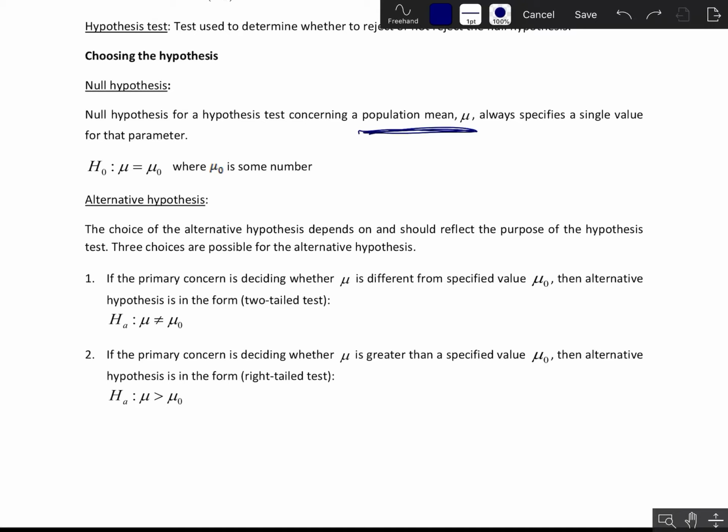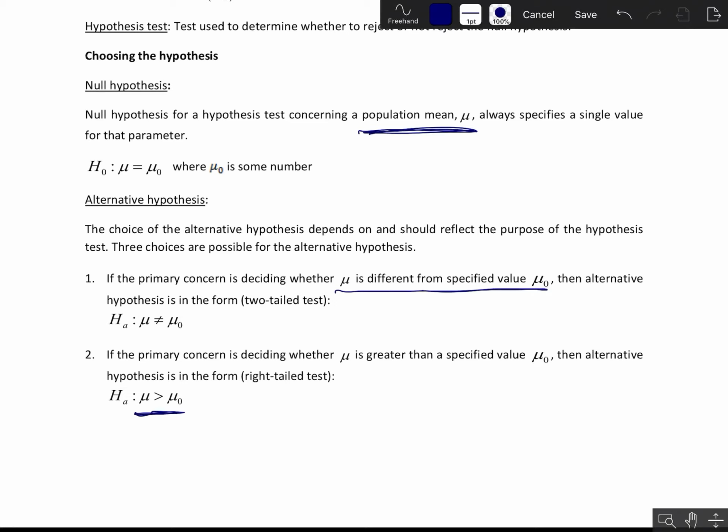The alternative hypothesis is going to be that the actual population mean is different from the specified or assumed value. So maybe a researcher believes that the population mean is not equal to the given mean, or maybe they believe that the population mean is actually larger than the specified value.